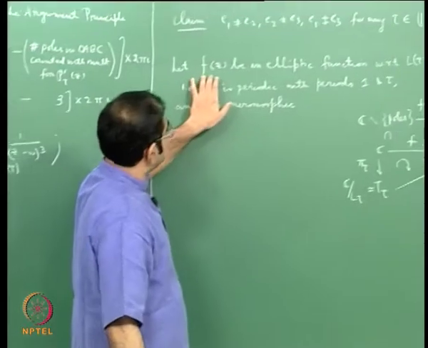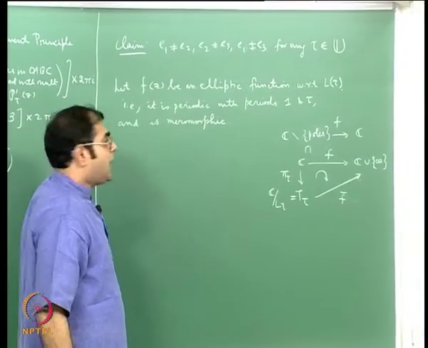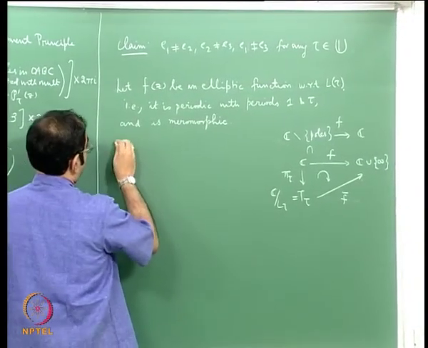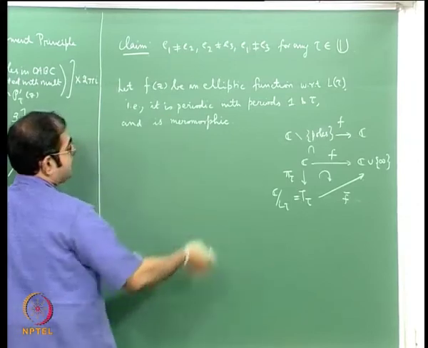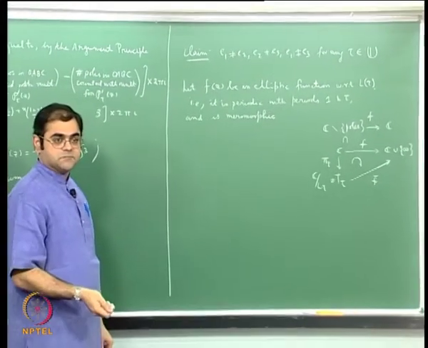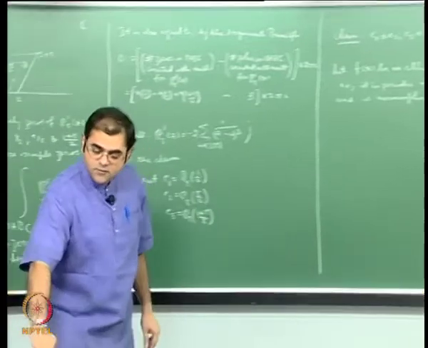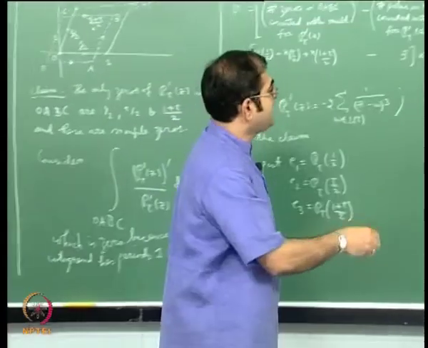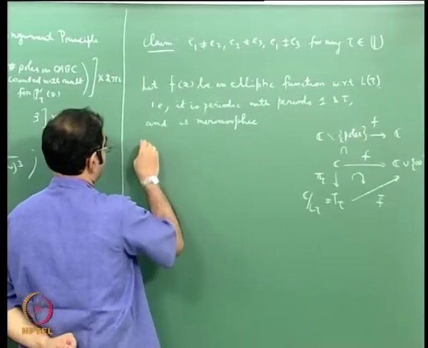So take a general elliptic function, and I am trying to define what is meant by the order of such an elliptic function. I make the following claim.